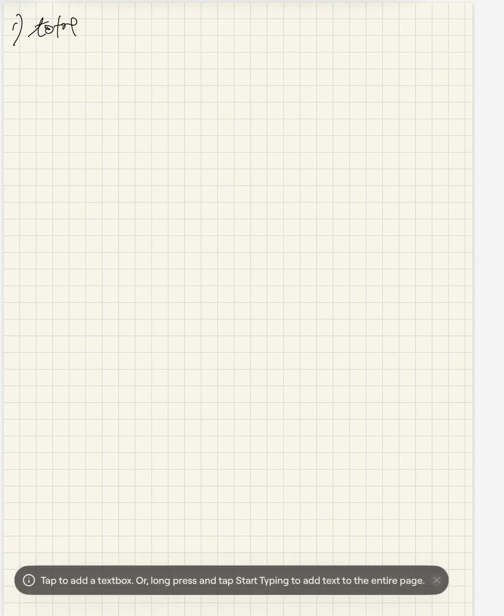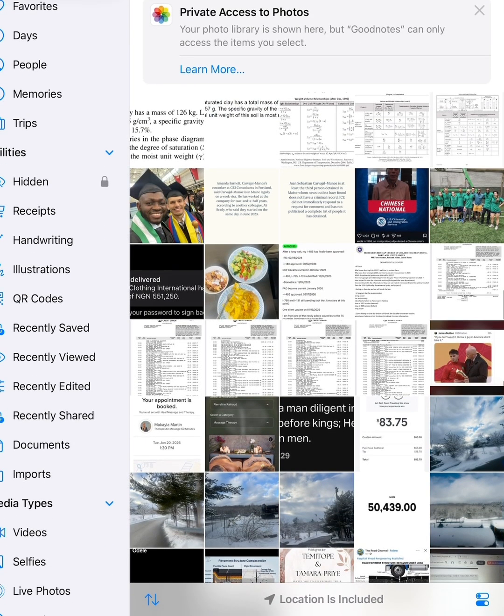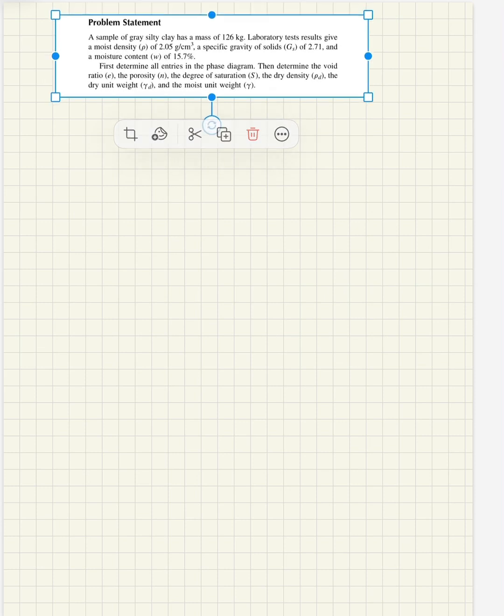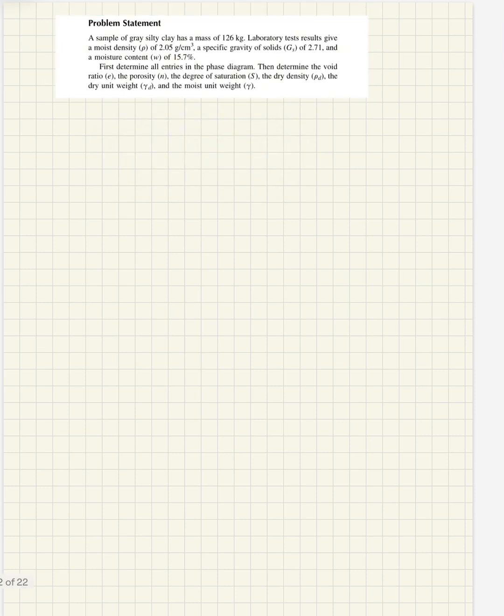So the first thing we'll be doing is to obtain the total density.